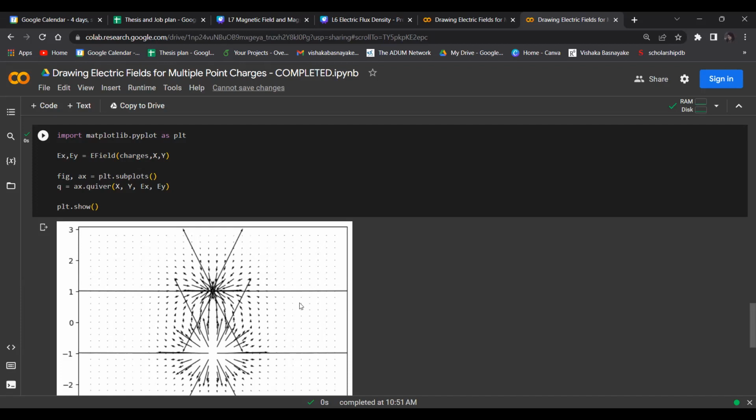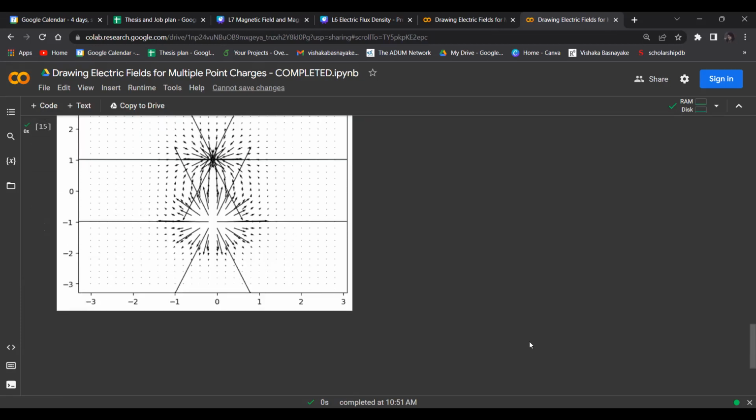We can distribute charges in the way we want, and then we can observe the electric field that is generated in the space, right, due to all the other charges available in the space. So the total sum electric field distribution we can observe easily using this simulation tool.